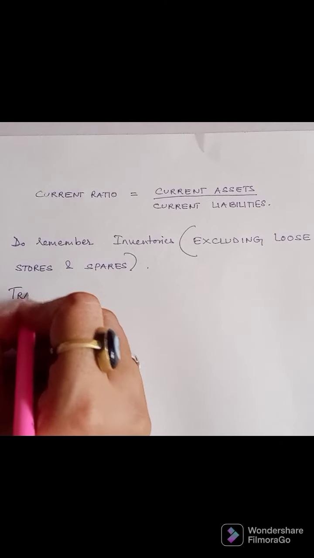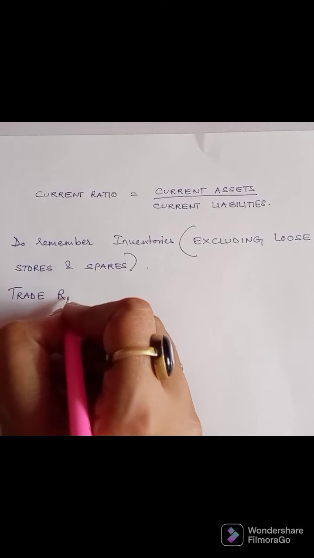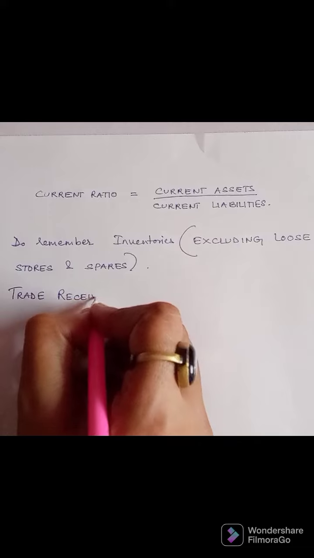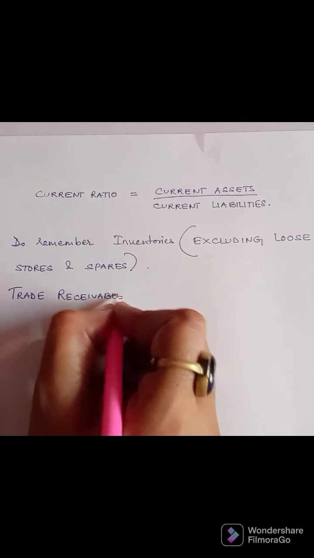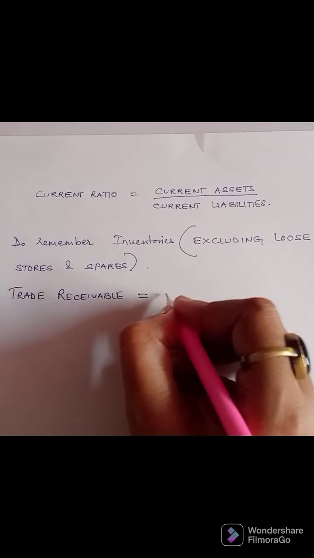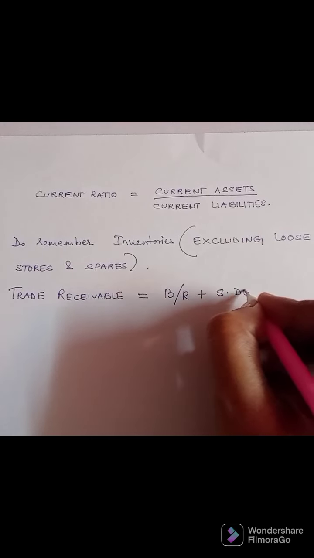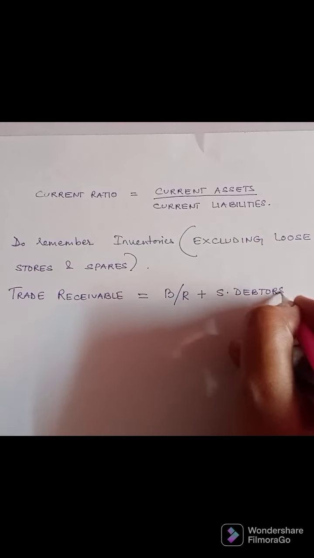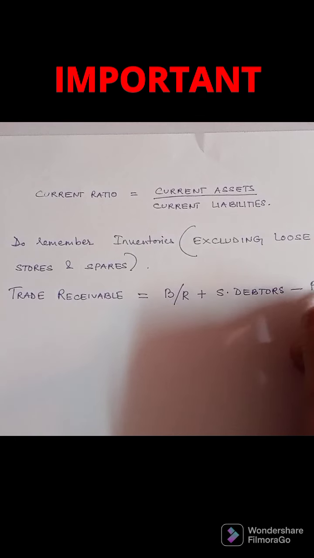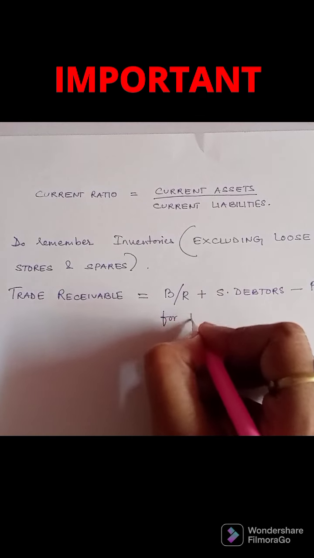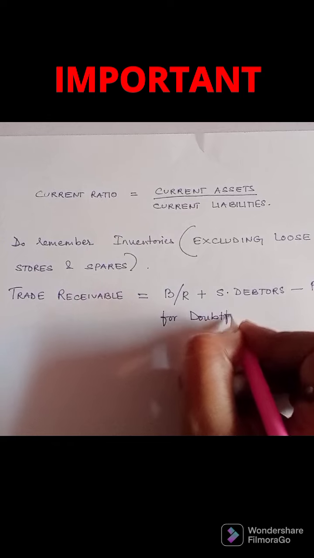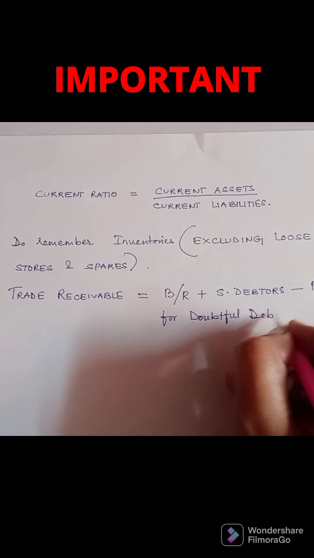Trade receivables equals bills receivable plus sundry debtors minus provision for doubtful debts.